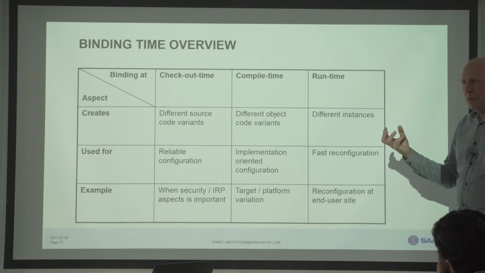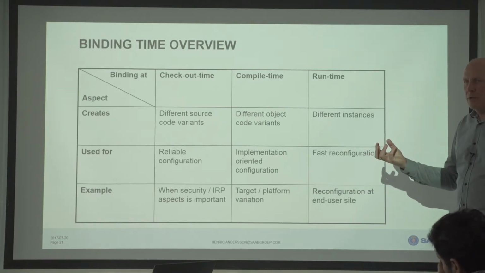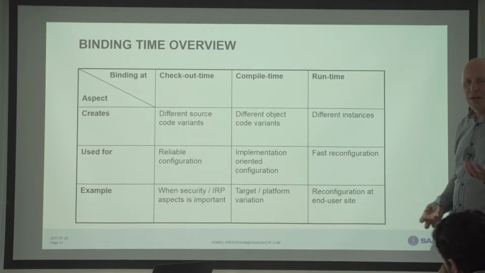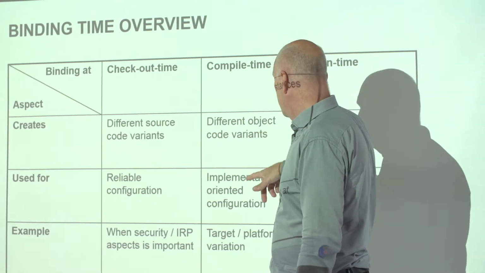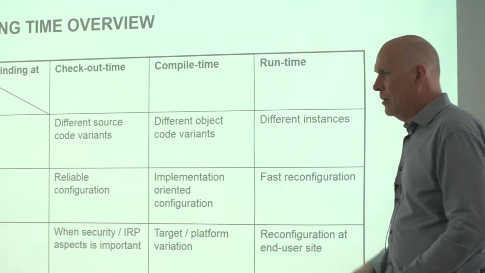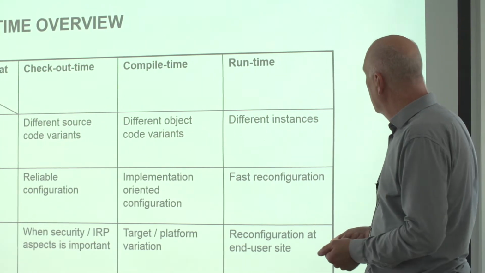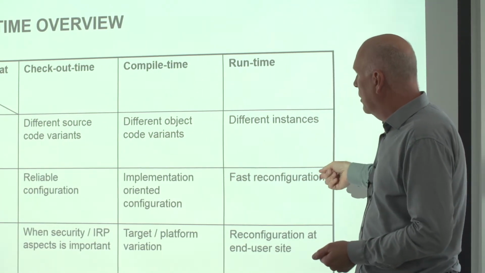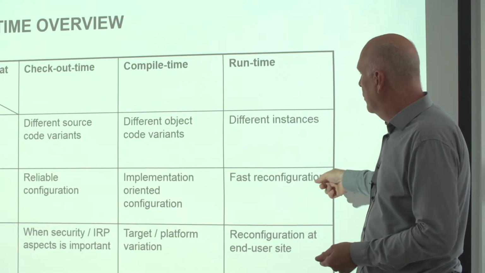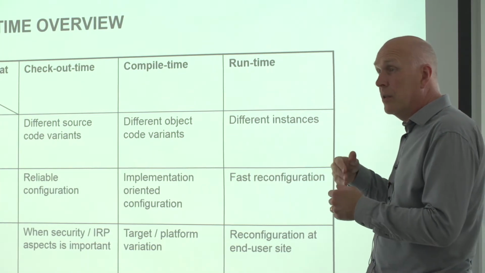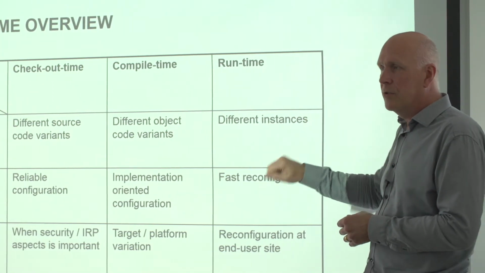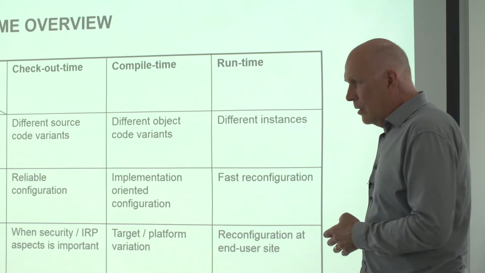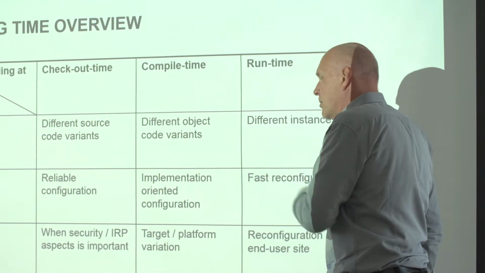If we have chosen one version of a simulator model, we cannot accidentally use the other one during simulation. Compile time is used for implementation-oriented configuration, like different platforms, for example. And runtime binding is used for fast reconfiguration, because then we can reconfigure in the simulator itself. We can switch between the one-seater and two-seater, so we don't have to go through the process again.